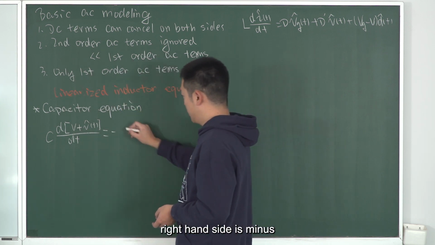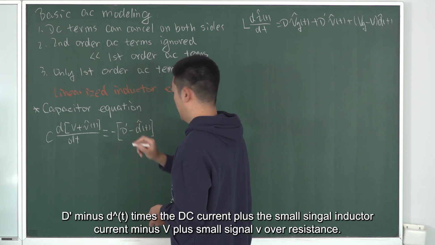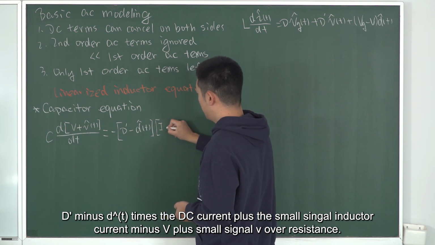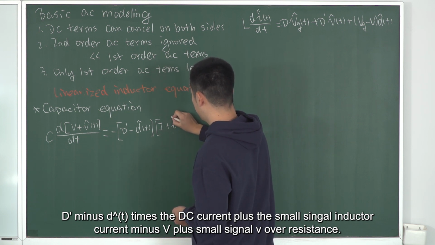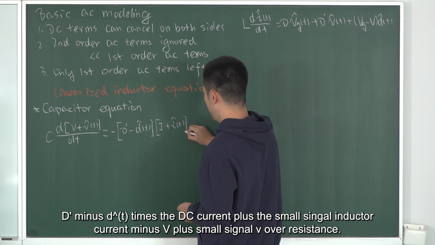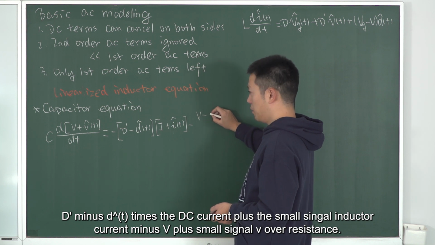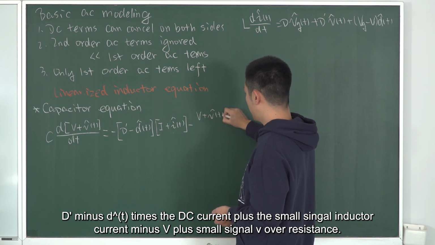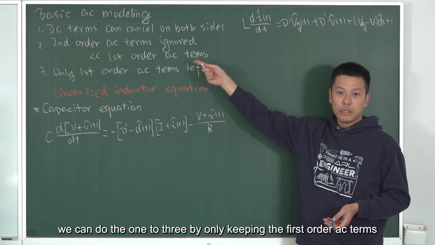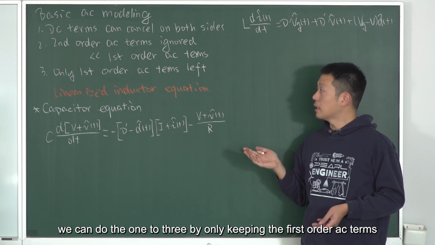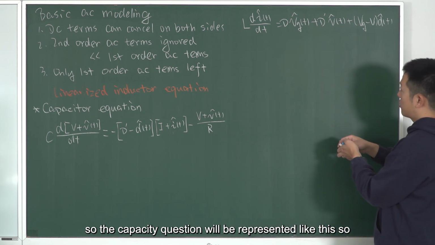And the right-hand side is minus d prime minus d cap t times the DC current plus small signal inductor current, minus V over R plus small signal V over resistance. We can do the same by only keeping the first order AC terms. So the capacitor equation will be represented like this.